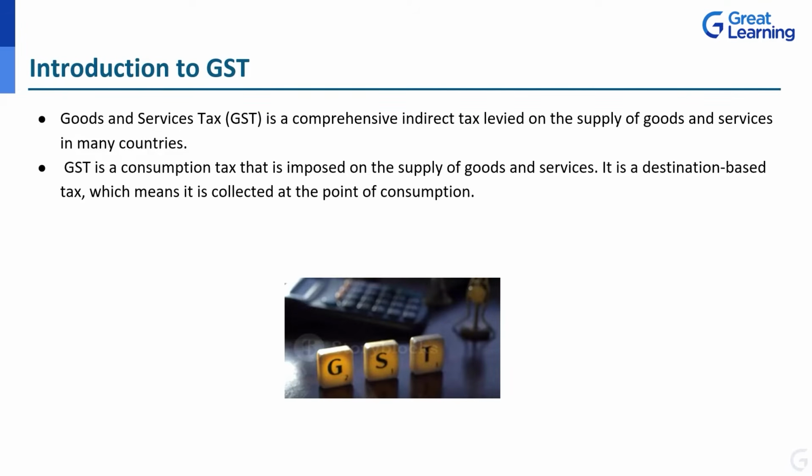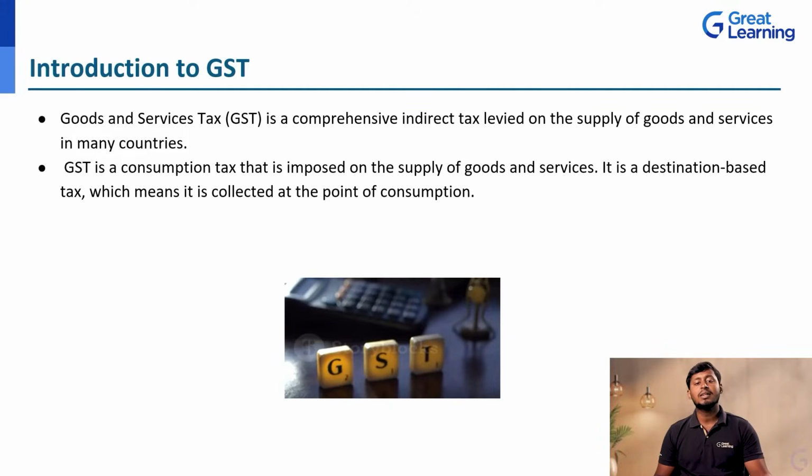Introduction to GST: goods and service tax is a comprehensive indirect tax levied on the supply of goods and services in many countries. For individuals, as a consumer or customer, it is an indirect tax, because we are not paying directly to the government, correct?